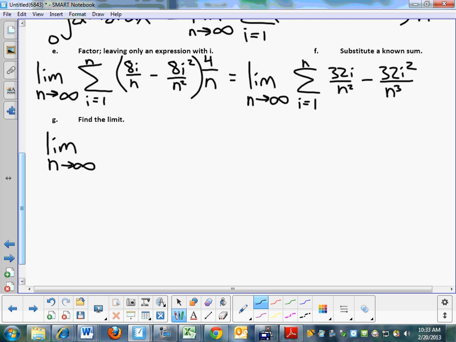So yeah, we got to factor this stuff out yet. So we've got the limit as n goes to infinity of, we'll take out a 32 over n squared times the sum from i equals 1 to n of what goes here? i.